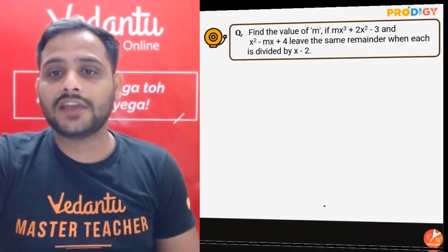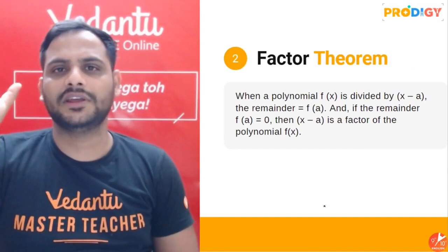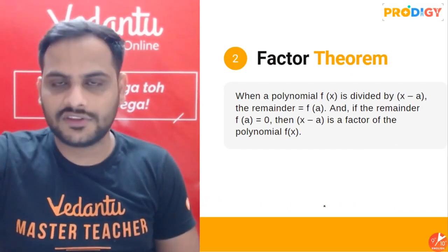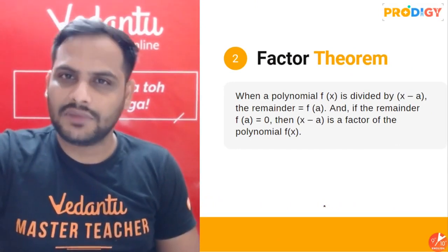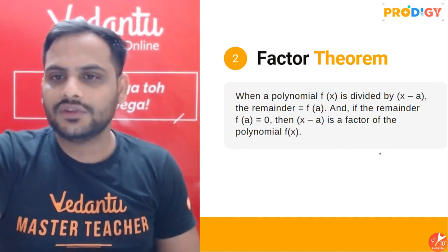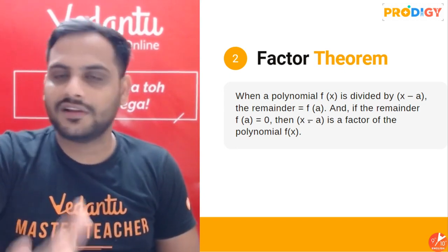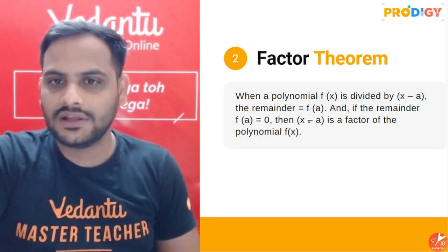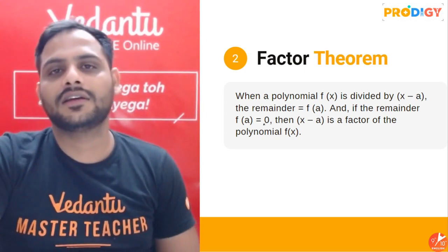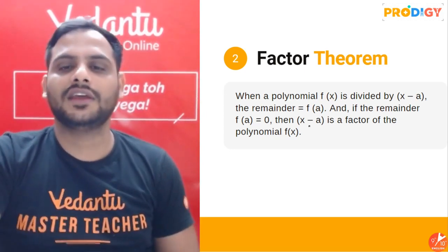Okay? Next comes, beta, your factor theorem. In factor theorem, when the remainder becomes 0, we can say that the divisor is nothing but a factor. So when a polynomial f(x) is divided by x minus a, the remainder is f of a according to the remainder theorem. Now if this remainder f of a is equal to 0, then we can say x minus a is a factor.